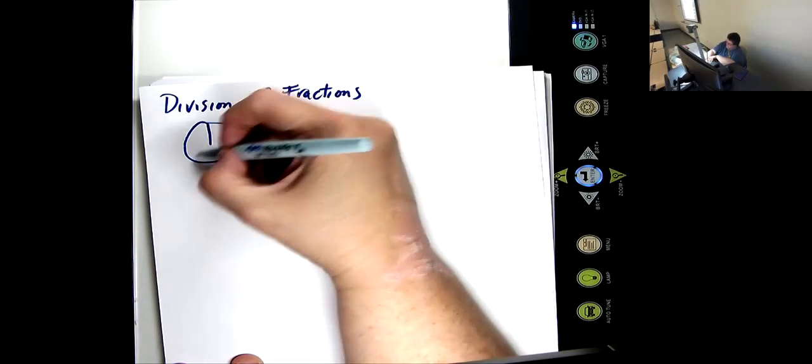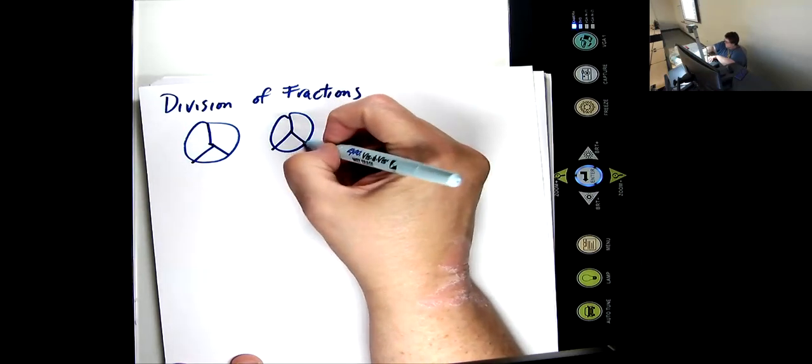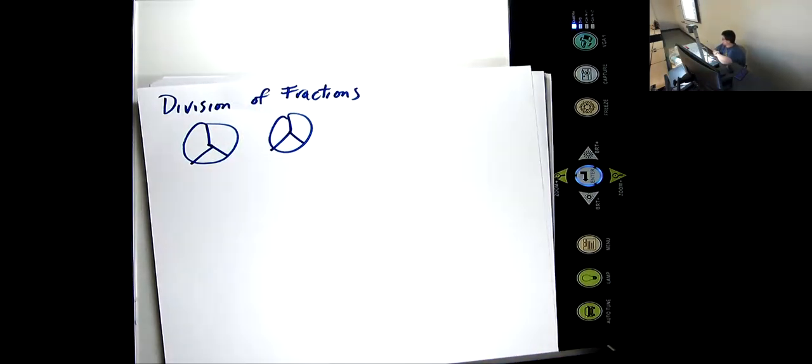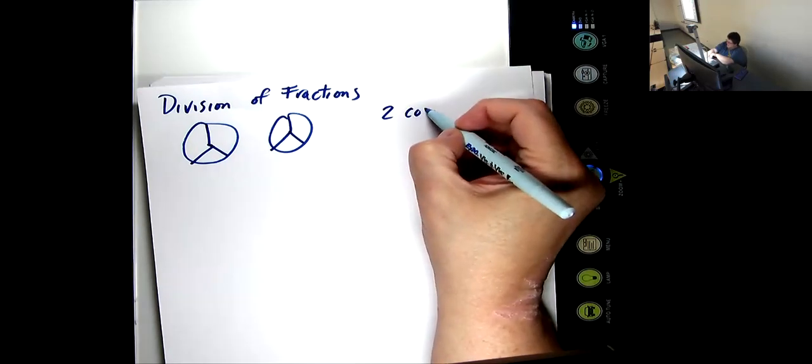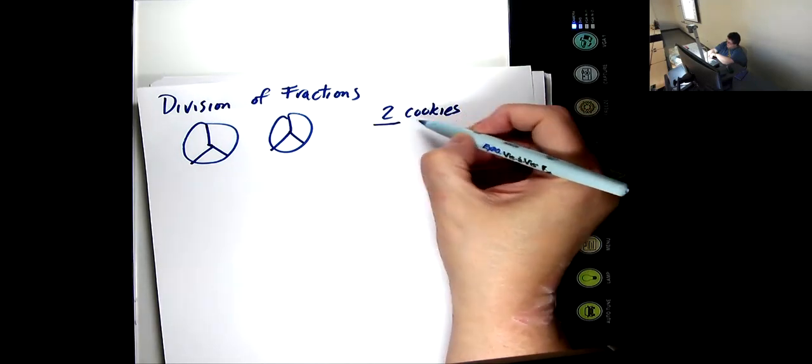We have 2 cookies from Crumble Cookies. And instead of breaking them up into fourths, like they like to do with their cookie cutter, we're gonna break them up into thirds. So I have 2 cookies, and I wanna break them into 1/3 size pieces.